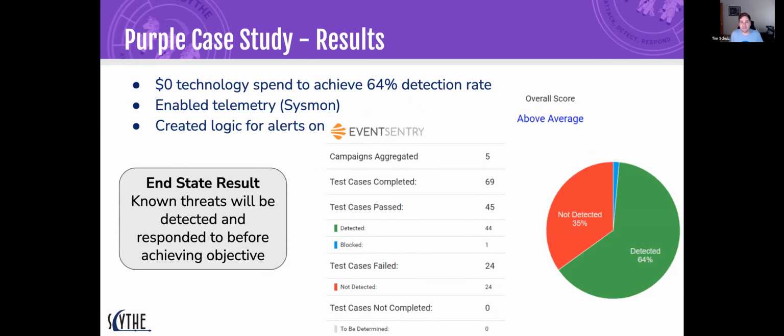But there is a happy ending to the story. In only 6 weeks, we have this measured improvement of 64% detected. So the key thing here was enabling more telemetry, Sysmon. And for anybody that's leveraged Sysmon before, it's a ton of data. So there is some configuration and tuning that has to happen.